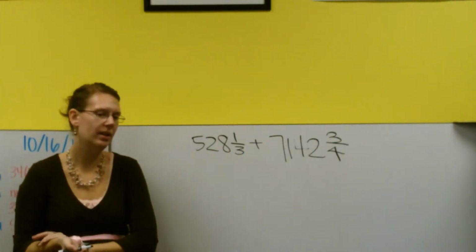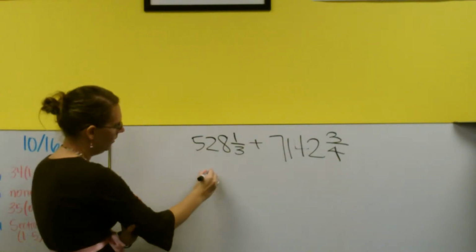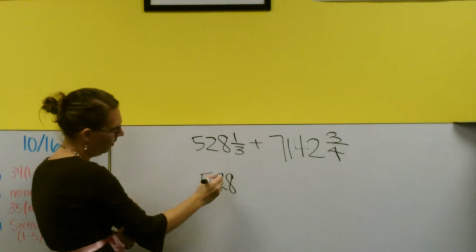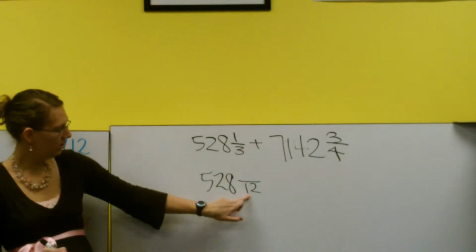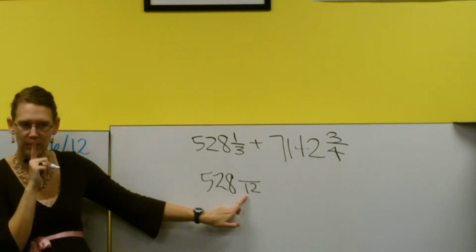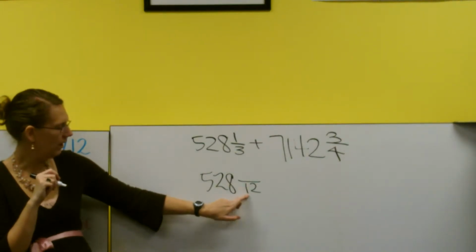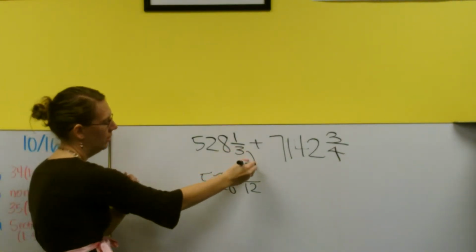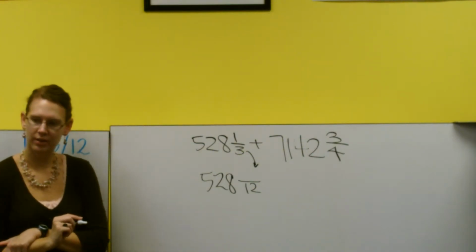What's going to be my common denominator here? 12. So we said we can just drop our whole number and then put our fraction out of 12. So Jamaica, how many 12ths? I need to make this 1/3 into 12ths. How many 12ths? I need 1/3 to become 12ths. How many 12ths is 1/3?